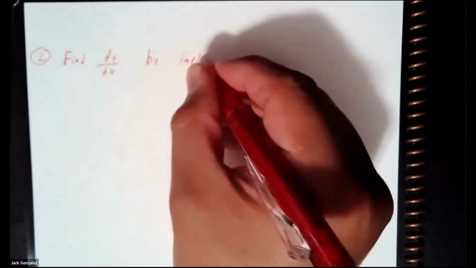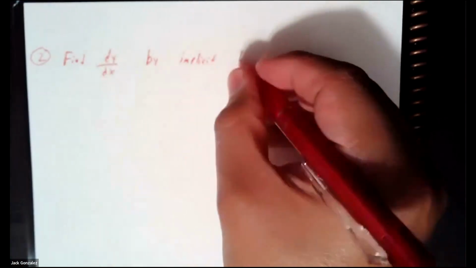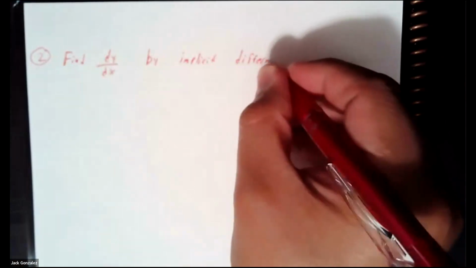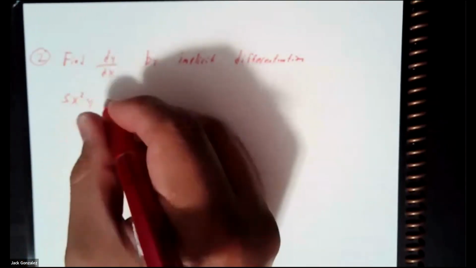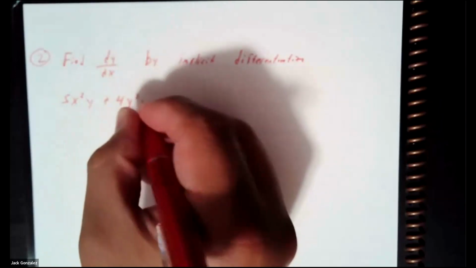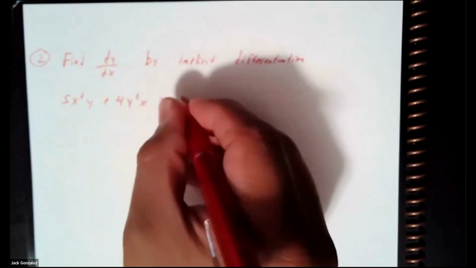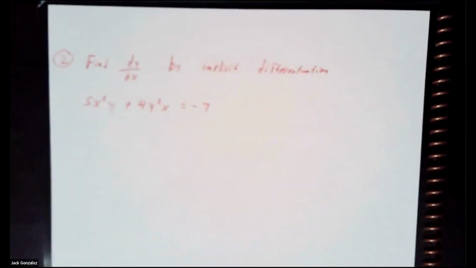Okay. Find dy dx by implicit differentiation. 5x squared y plus 4y squared x equals negative 7.